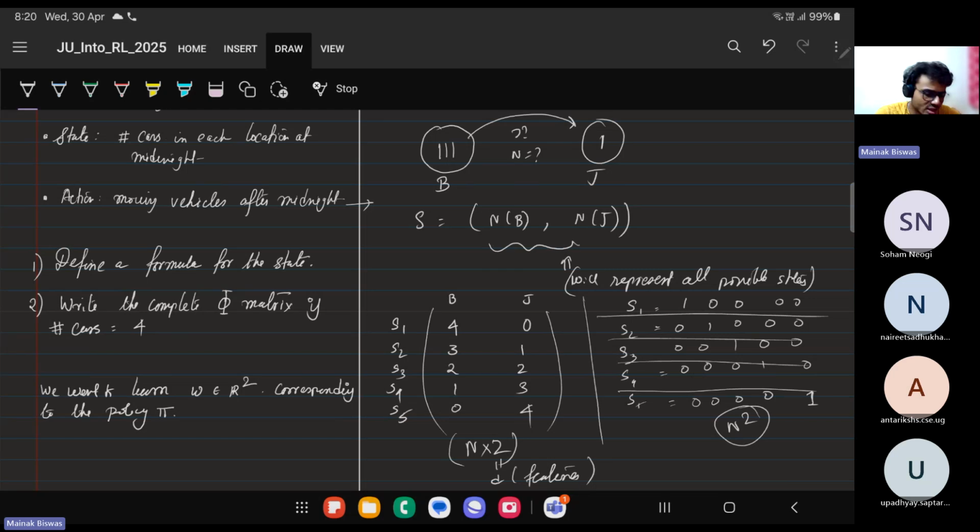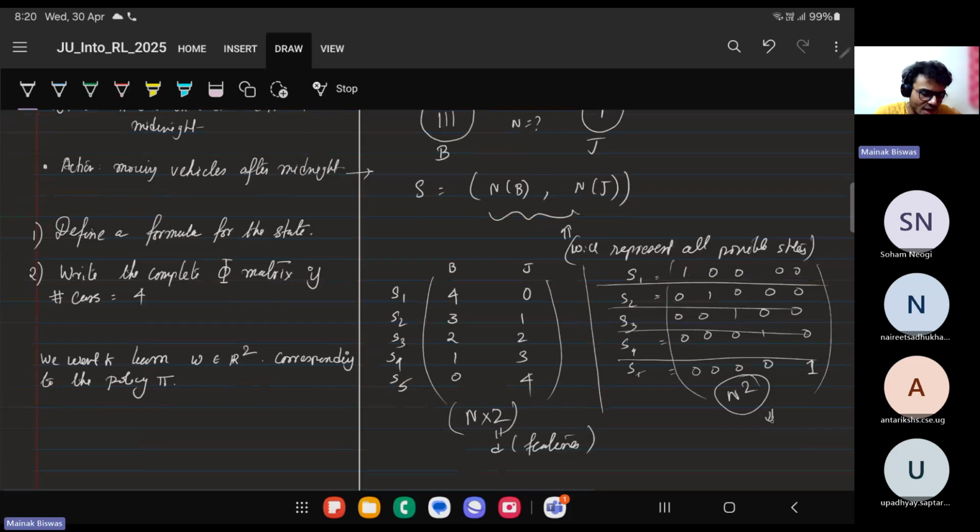So is this clear? Instead of having all these numbers to represent a state, which is not required at all. This is in the case of tabular, where you have one number, each state having a unique indicator, whatever you like to call it.